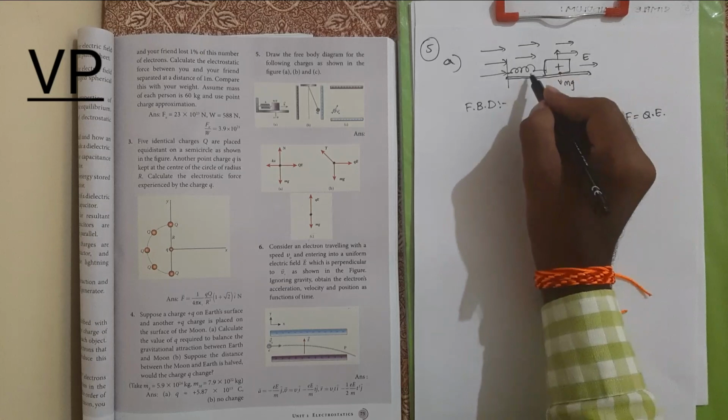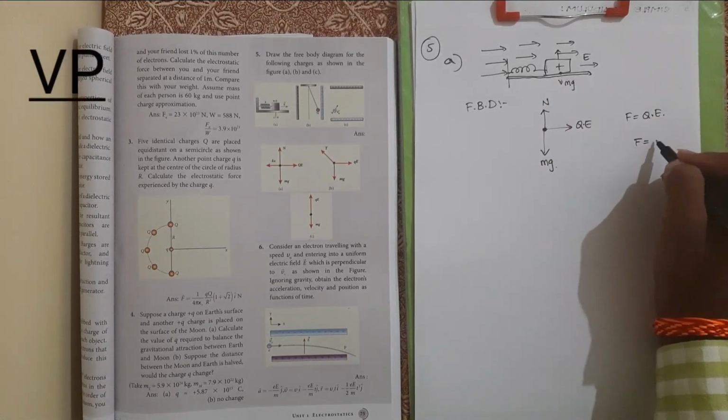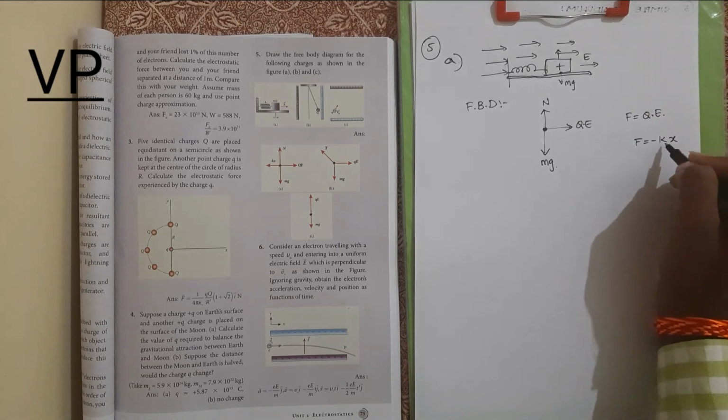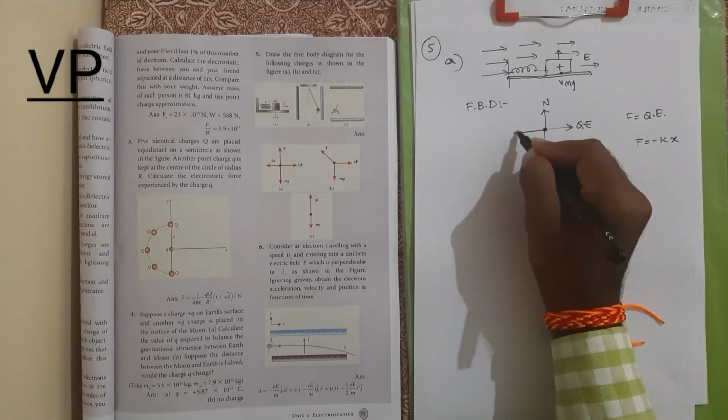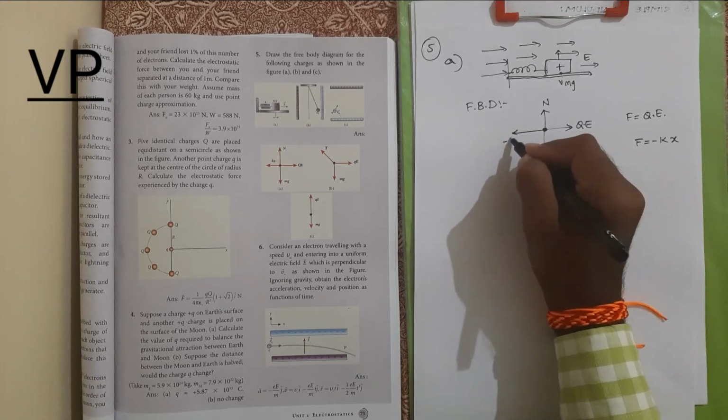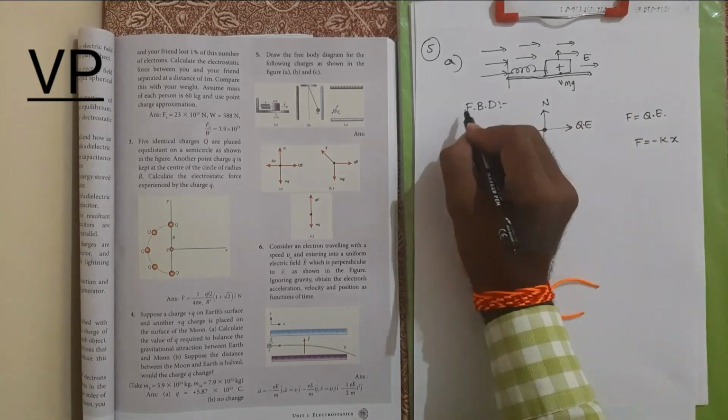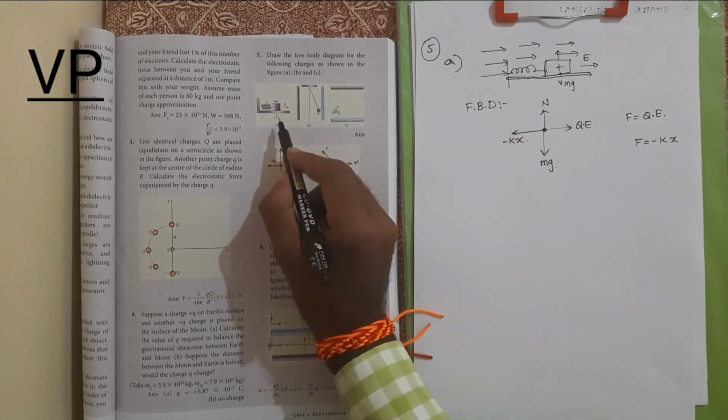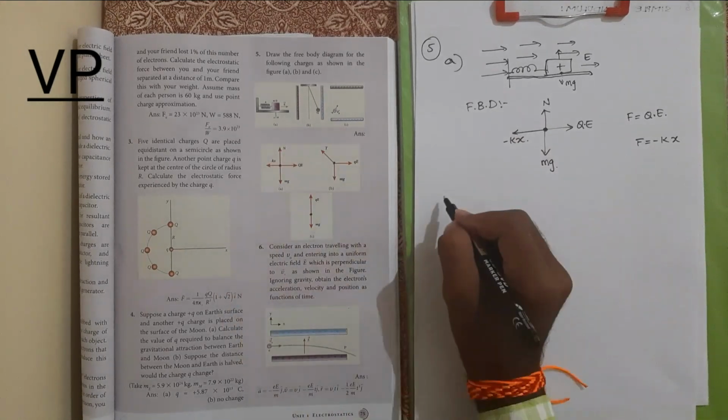And one more force is due to the spring. The force due to the spring is F is equal to minus kx, where k is called the spring constant. So this is along this direction, minus kx. This is the free body diagram for question A.